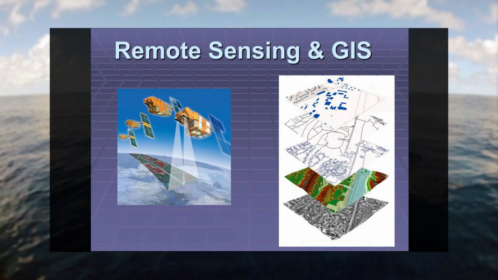They are often time consuming, costly and limited in spatial coverage, especially for large and inaccessible areas. In this context, remote sensing and geographic information system have emerged as powerful and indispensable tools for modern watershed management.